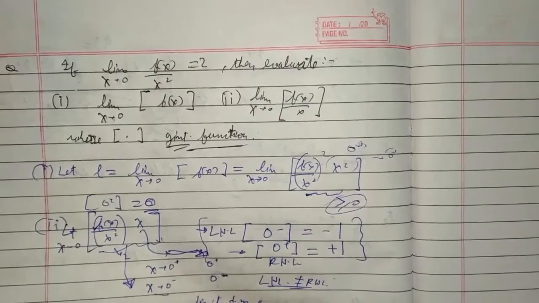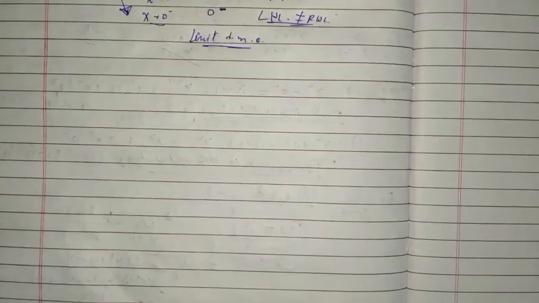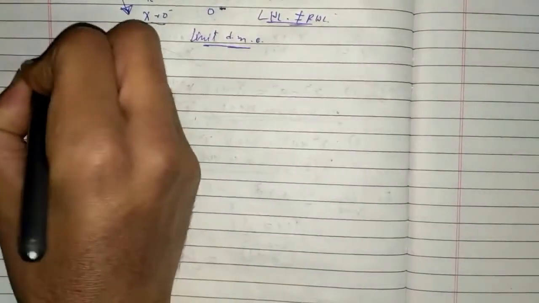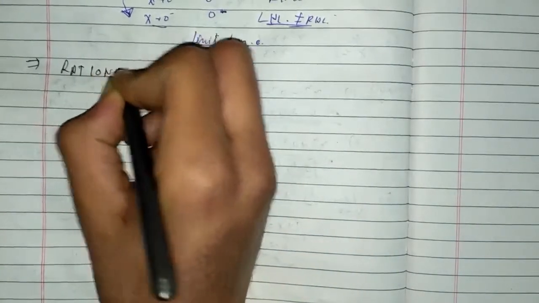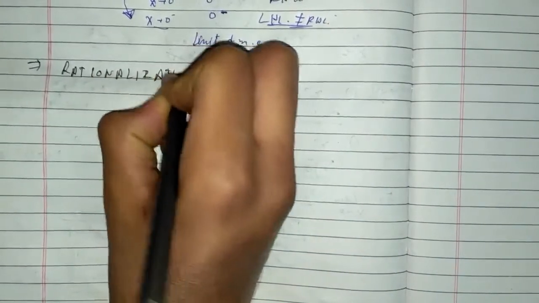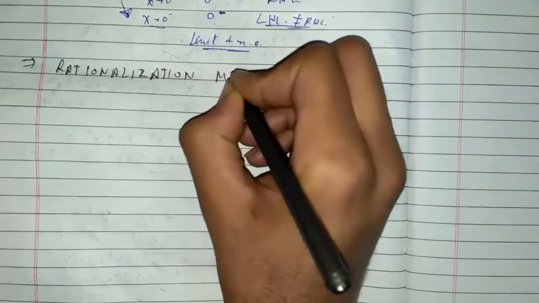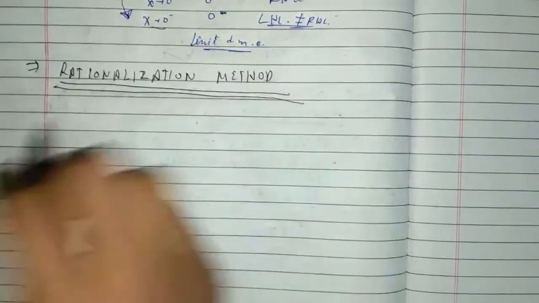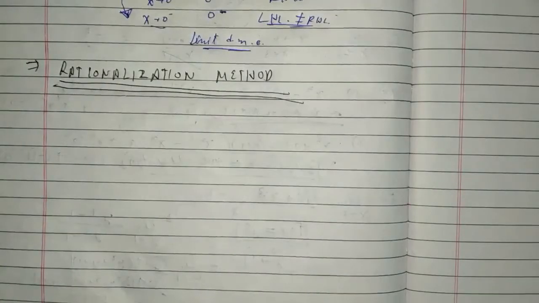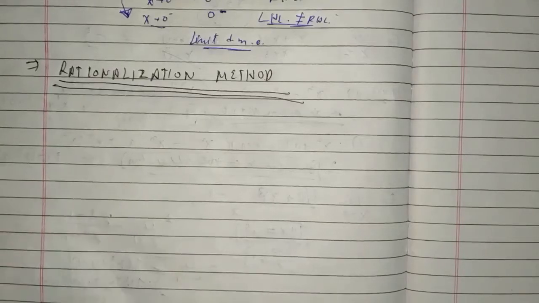And now moving forward, we'll come to the rationalization method. If in any limit the denominator or numerator involves the radical sign, then we can rationalize the irrational expression by multiplying with the conjugate to remove the indeterminacy.